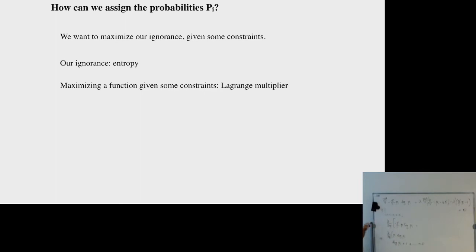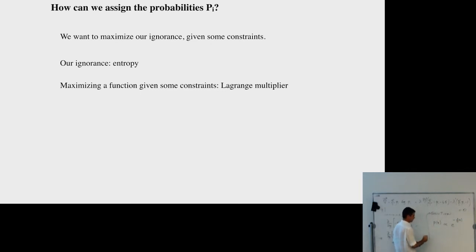I can show you the full derivation later because I'm running a bit out of time, but the solution to all of this, and that's very important, is that I get a distribution. The unknown here is my distribution function. And I'm going to directly take the limit to continuous variables: p of x is proportional to the exponential of minus the constraints.